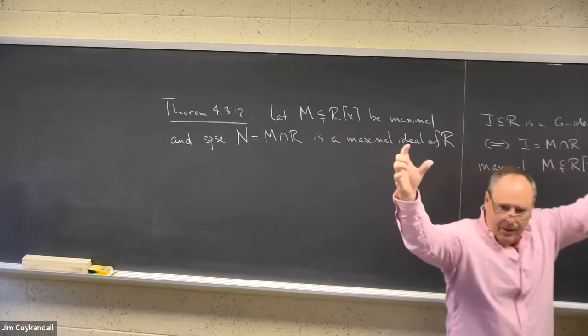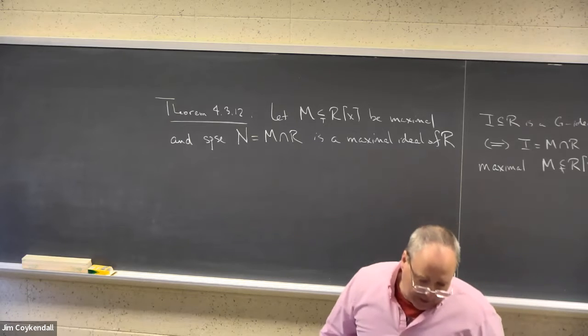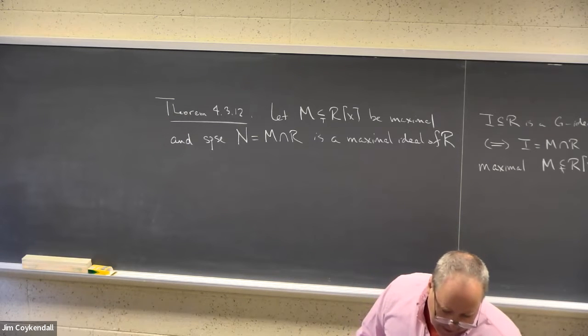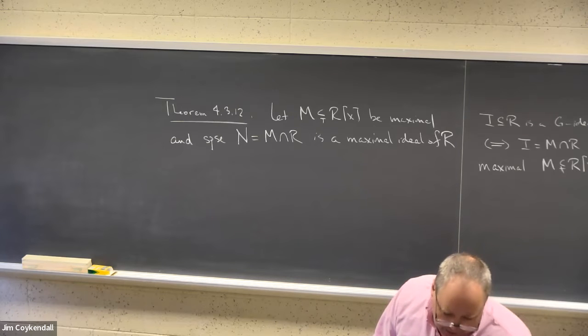So you get the maximal ideal of a polynomial ring, and you're still lucky that it intersects to a maximal ideal downstairs. This is a fairly common occurrence, actually. It doesn't always have to happen, but it happens quite frequently.